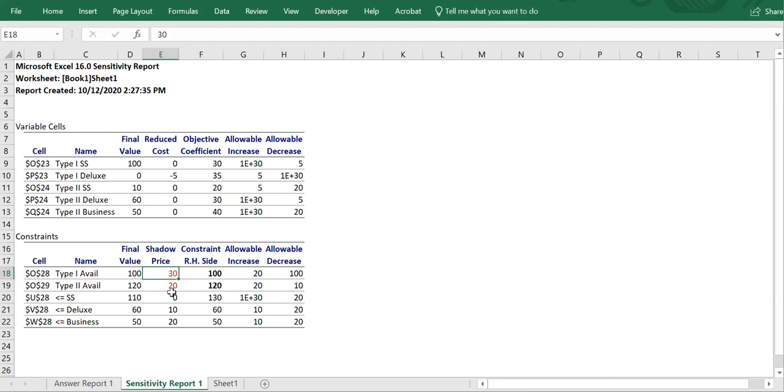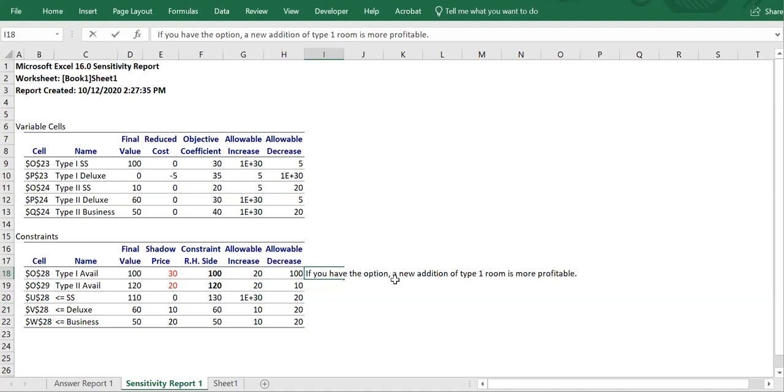So when we compare these shadow prices, if you have the option of a new conversion or a new addition, a new addition of a type 1 room is more profitable.